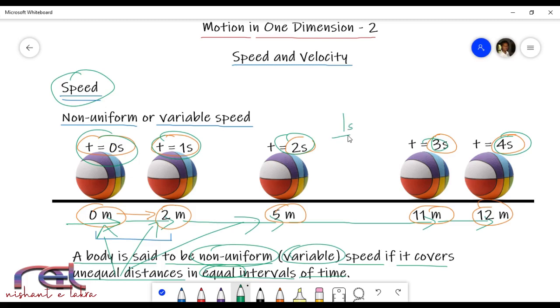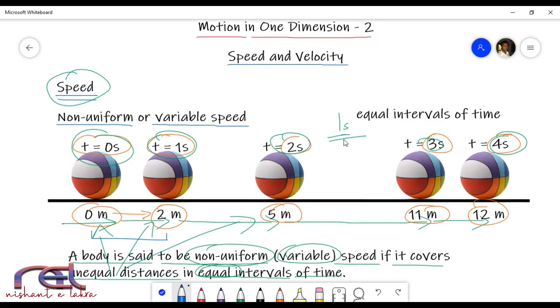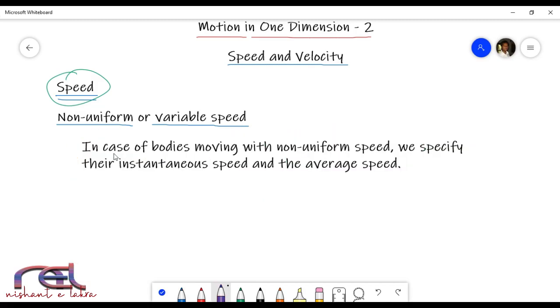I hope you have understood what non-uniform or variable speed is: equal intervals of time, but the distance is not the same in every interval.